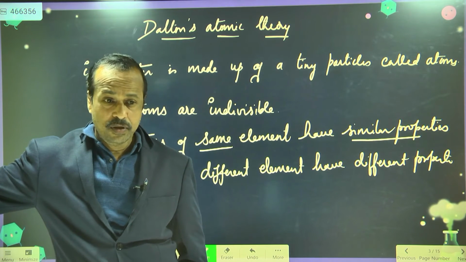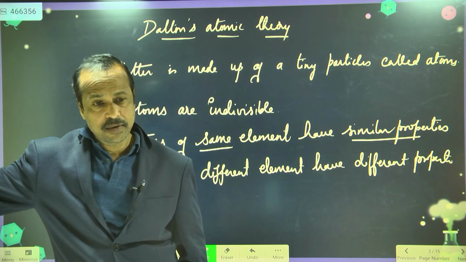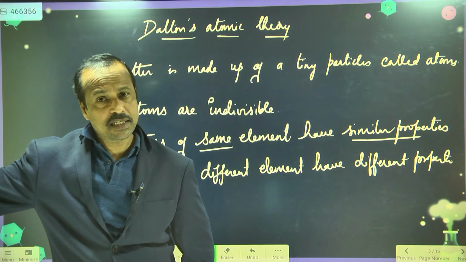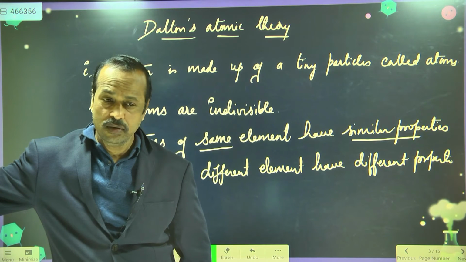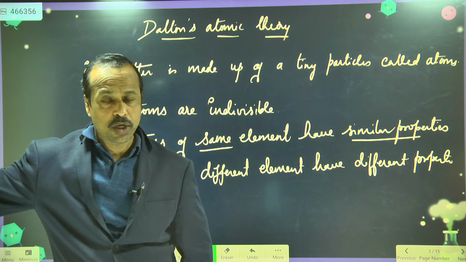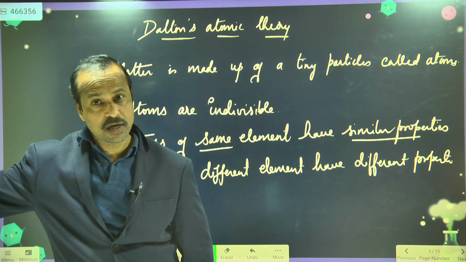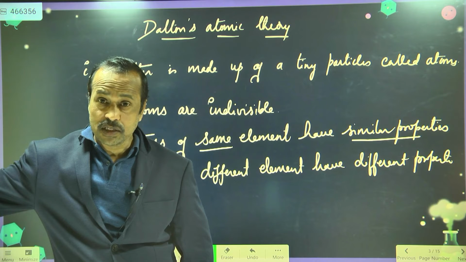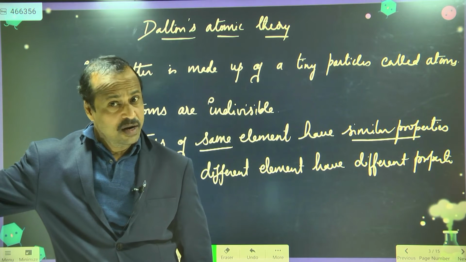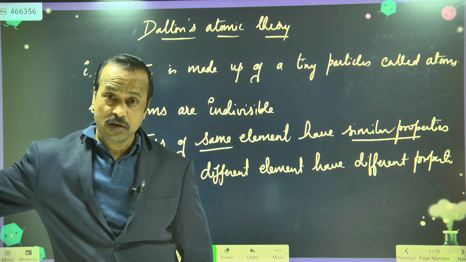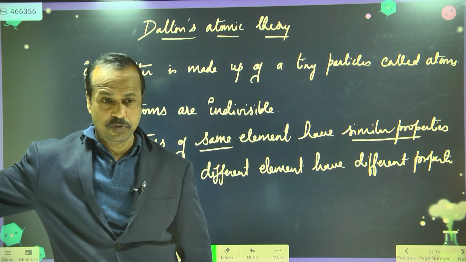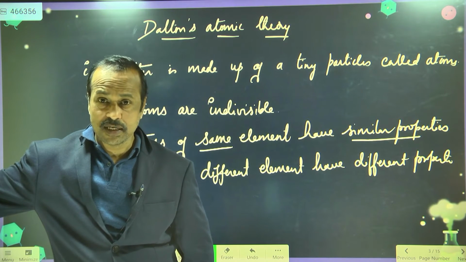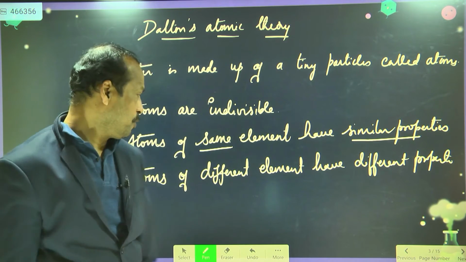But if you see the properties, do they remain the same for both copper and gold? No. Even though both are metals and both are solids, their chemical properties are different, because they are different elements. So atoms of different elements have different properties.